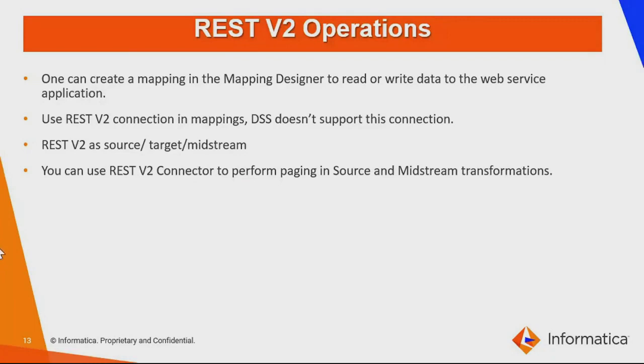You have the option to use IICS REST V2 connection as a source transformation, target transformation, or as a midstream. The most popular way of using it is by using it as a midstream transformation, as it provides more flexibility. You can use REST V2 connector to perform paging in source and midstream transformations.